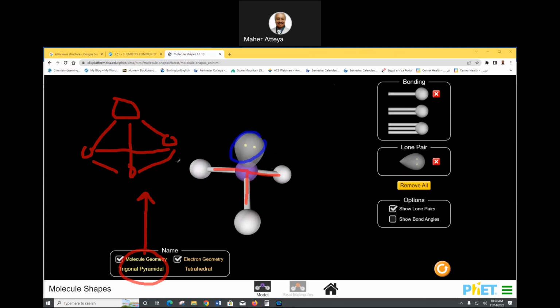But if I include this one here, then this is the central atom. This is one lone pair. This is another lone pair. This is another single bond here. And there are 3 atoms.